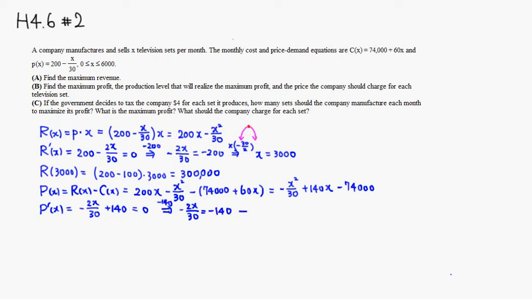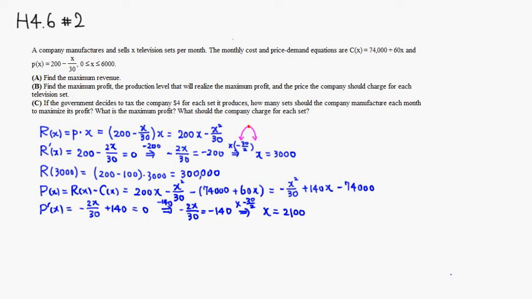Then do the same thing as before, multiply by the reciprocal, negative 30 over 2. So we get x, and the negatives cancel out. Divide by 2 is 70, so 70 times 30 would be 2100. So when x is equal to 2100, this is going to be a maximum profit.